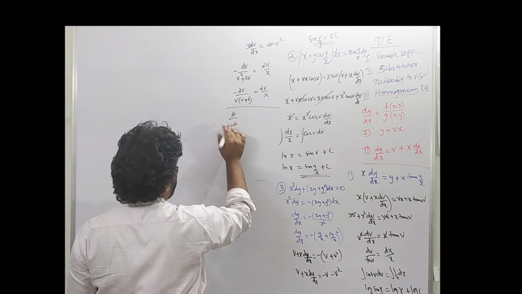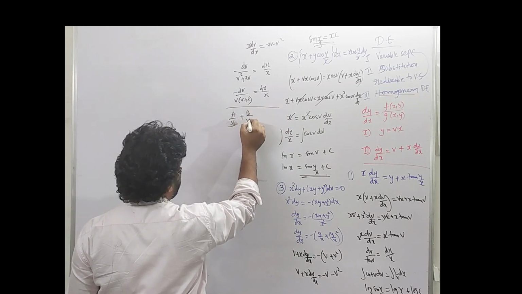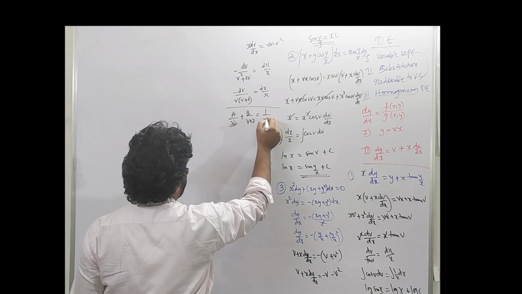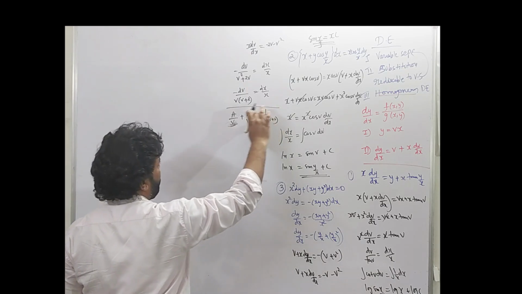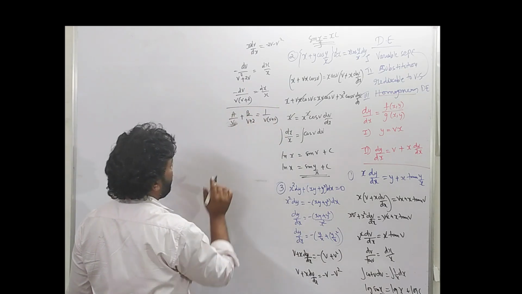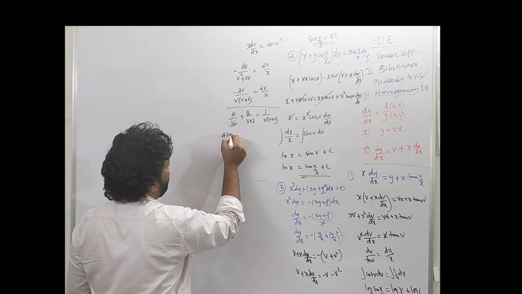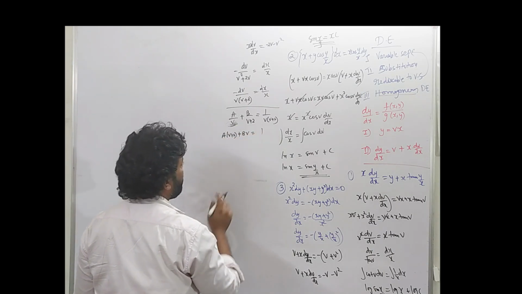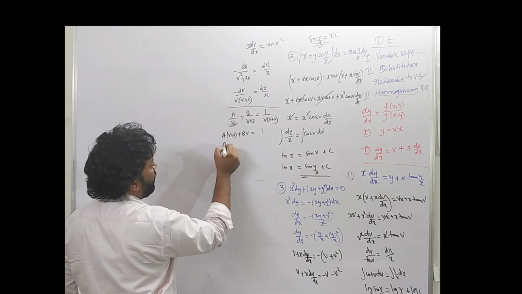A by v plus b by (v plus 2) is equal to 1 upon v(v plus 2). So this fraction we have separated out. Now a(v plus 2) plus bv is equal to 1. Denominator gets cancelled.